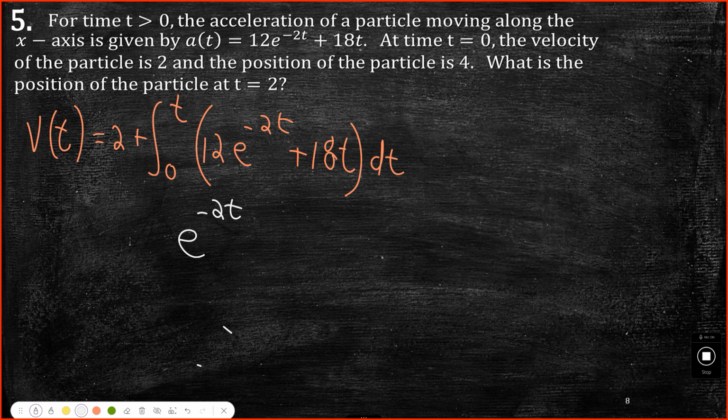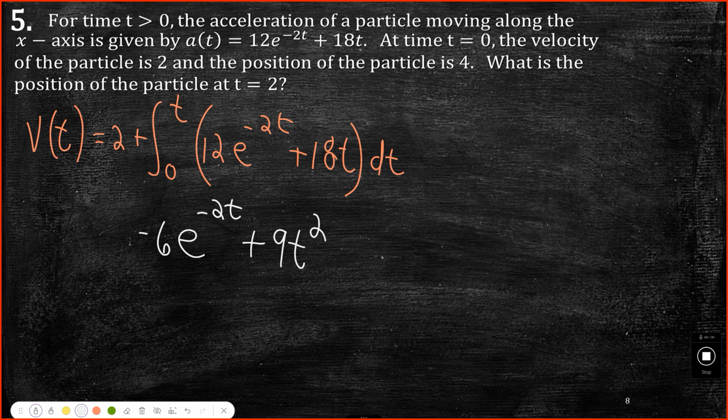So make sure we divide by negative 2. That makes it what? Negative 6? Yeah? I hope I'm right. Plus, then what? 9t squared.